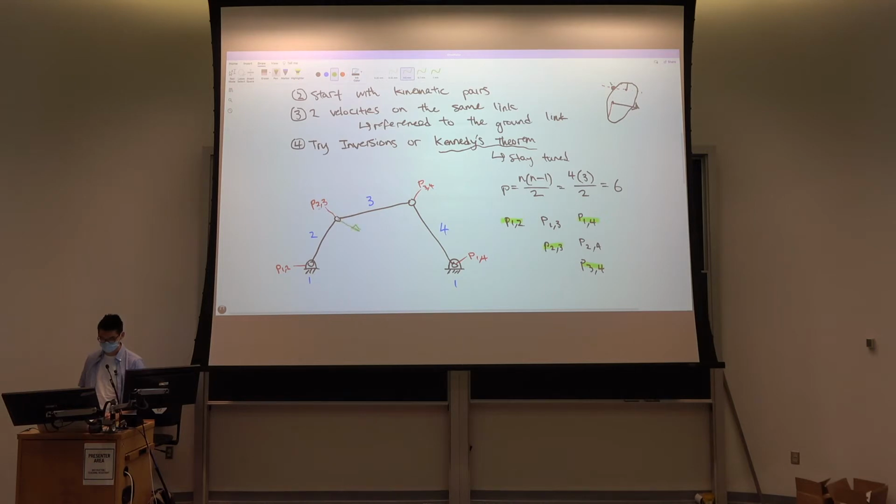So it has to be in one of these 2 directions, right? That's because link 2 is rotating about this fixed point down here. And we can say the same about this point between link 3 and link 4. It has to be perpendicular to link 4, so it has to be along that direction.